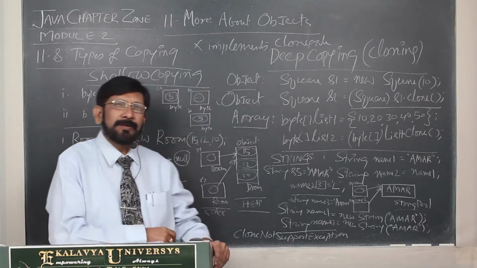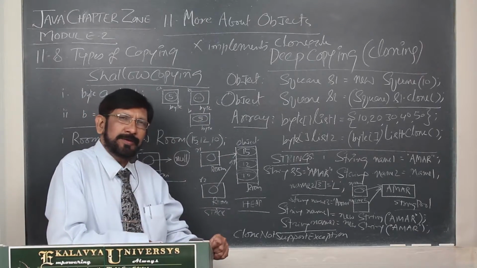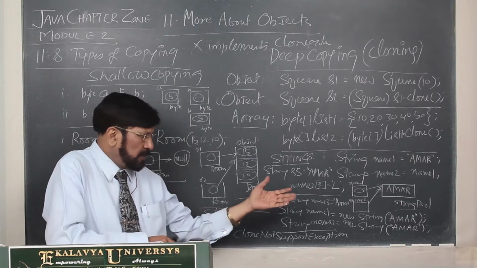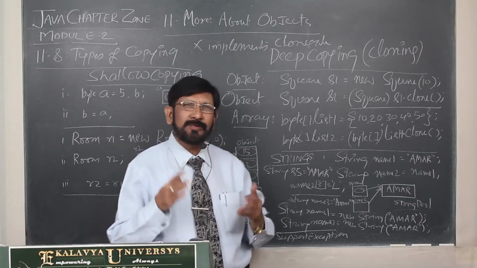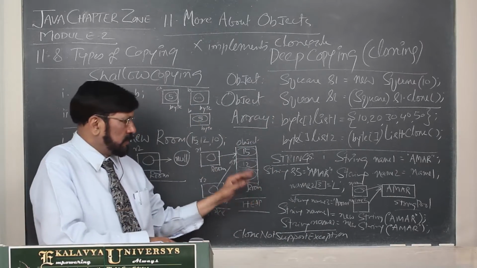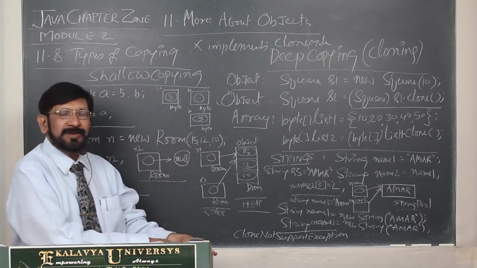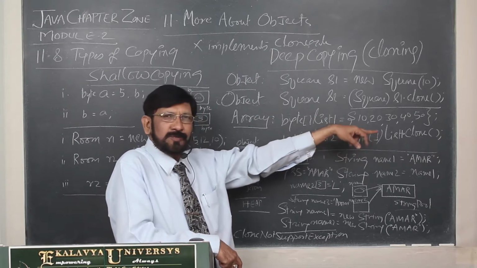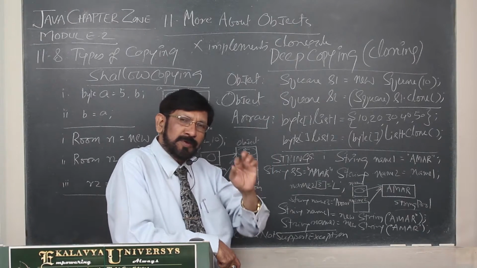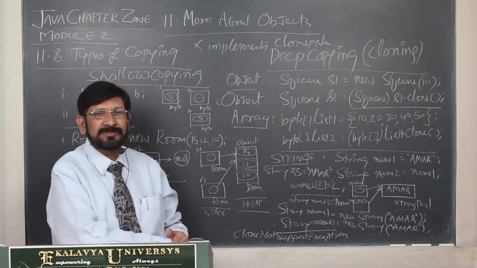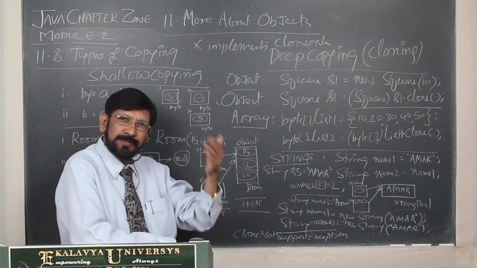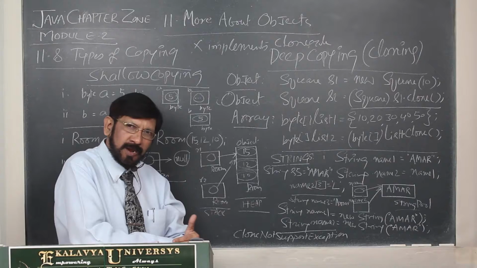And finally, one very important point I have to explain, and you may take some time to understand it fully. However, it is my responsibility to introduce that point. In cloning also, the clone method makes a shallow copy only as far as object references are concerned. As far as primitives are concerned, those are simply copied.